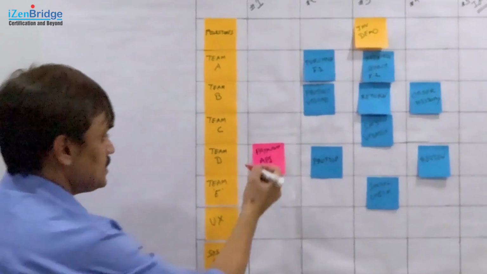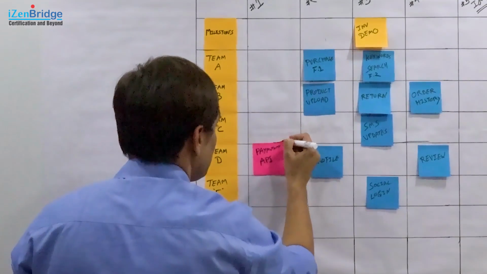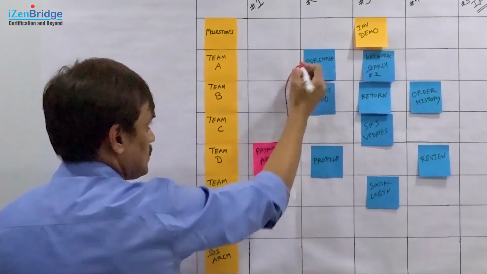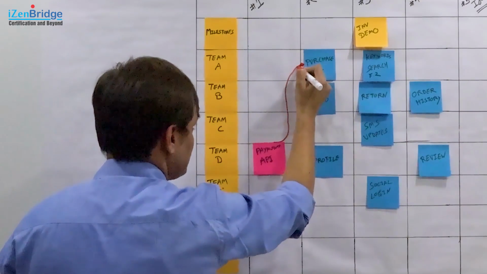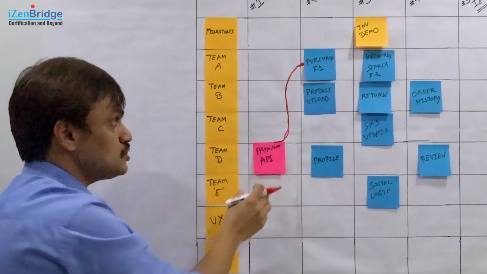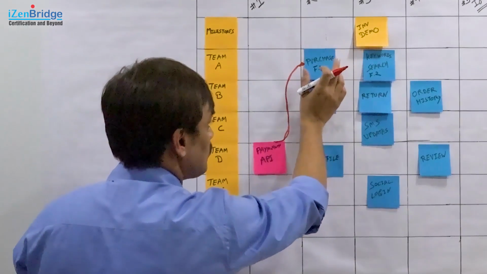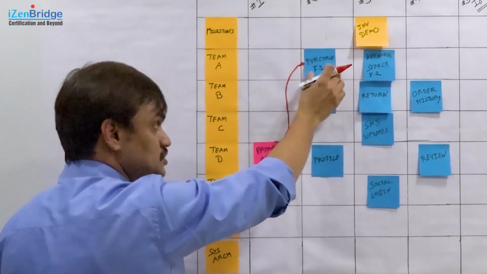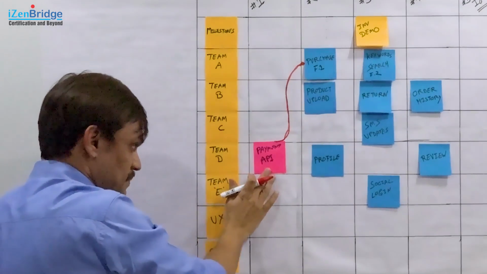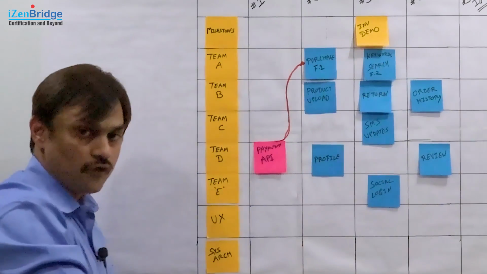For this representation, we usually use a physical string to demonstrate it. There is a string, there is no arrow or anything. On one side you use a red sticky showing this is the dependency, and on the other end of the string you have a feature which is dependent on this API, and only when this API gets done will we be able to move forward.